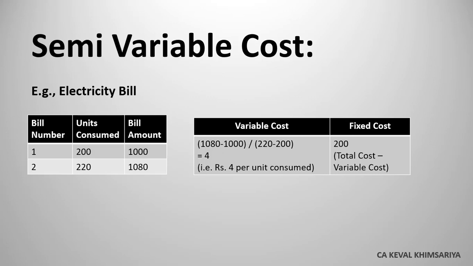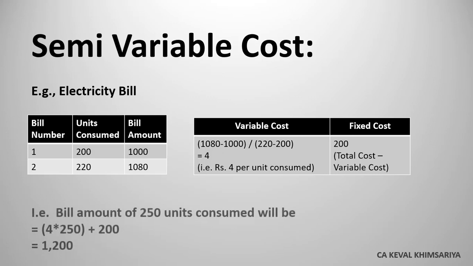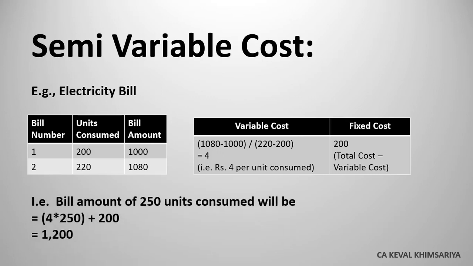So the calculation is very simple. 4 rupees per unit is the variable cost into 250 units consumed plus 200 as the fixed cost. So 4 into 250 plus 200, so 1000 plus 200, which comes to 1200. So this is how I calculated the bill amount if I consume 250 units. So this is how semi-variable cost works.